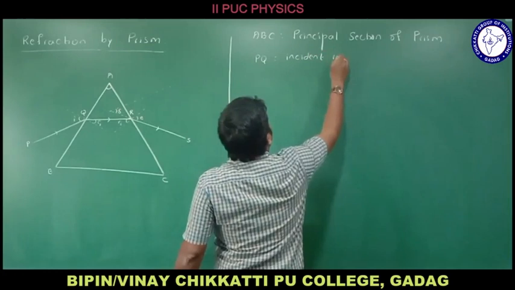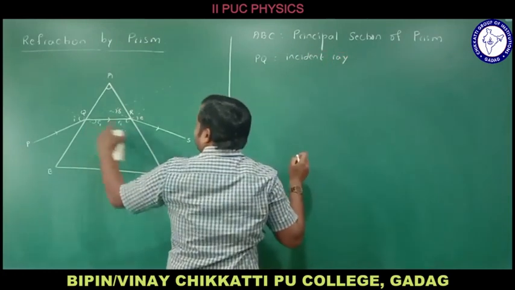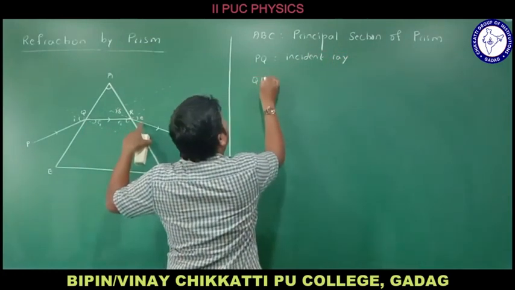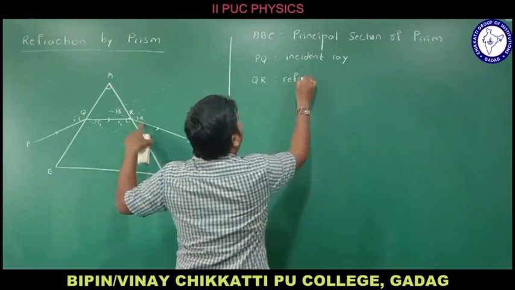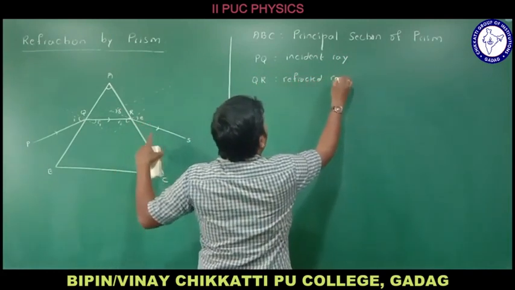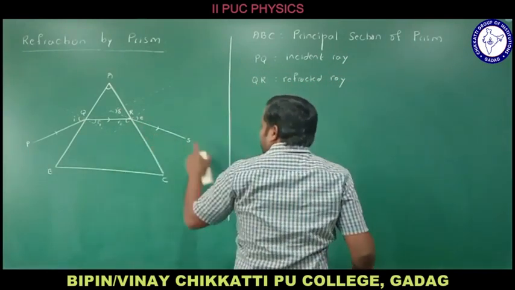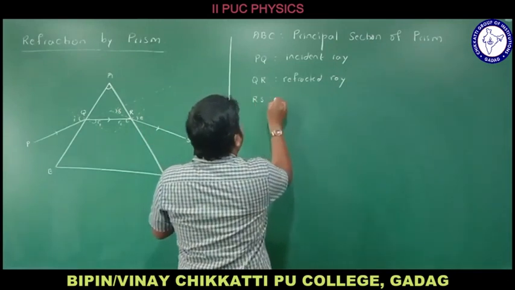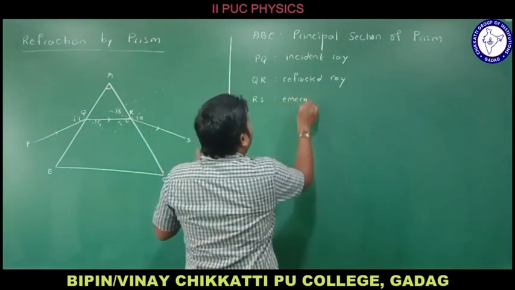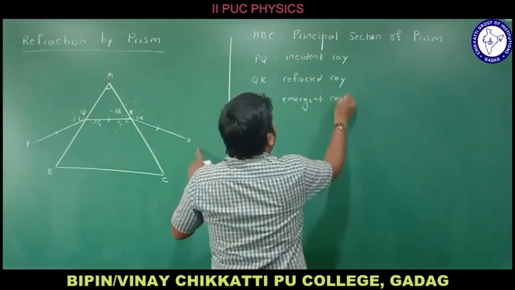QR is the refracted ray. RS is the emergent ray.